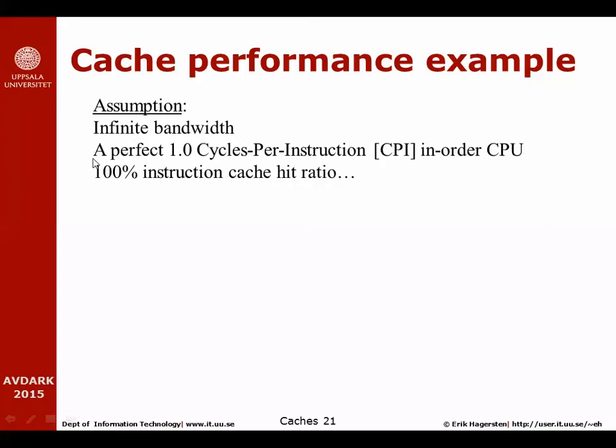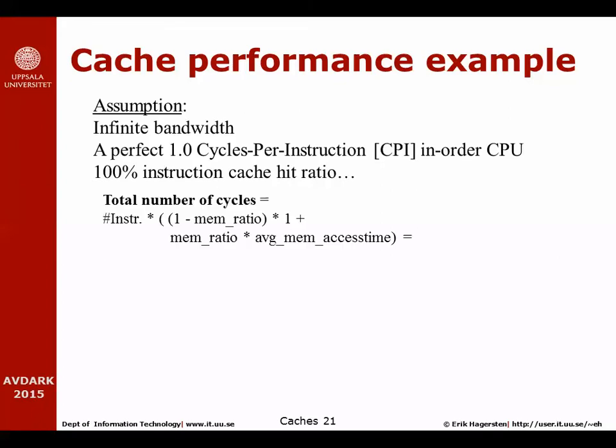Let's assume for now that we have a perfect CPU or perfect core that, when it's not accessing memory, is executing exactly 1.0 cycles per instruction and 1.0 instructions per cycle. And let's assume that 100% of the instructions hit in a specific cache where we store the instructions, called the instruction cache. So everything is perfect apart from the cache that stores the data.